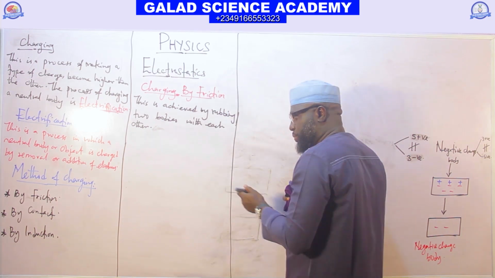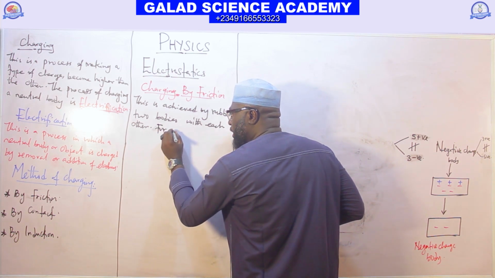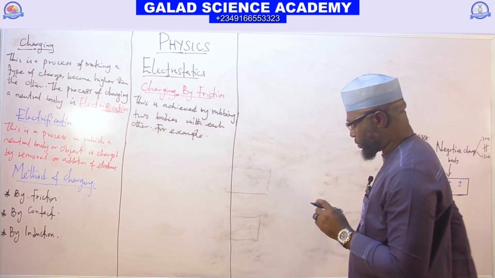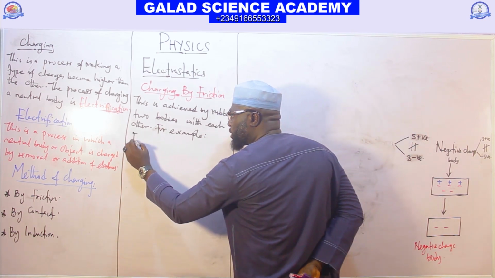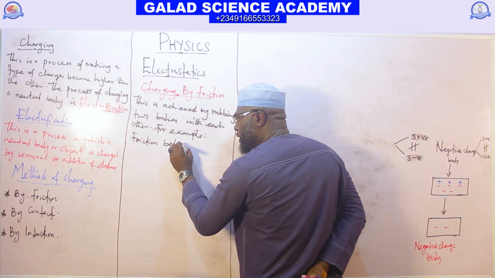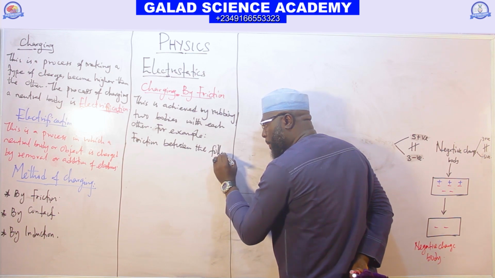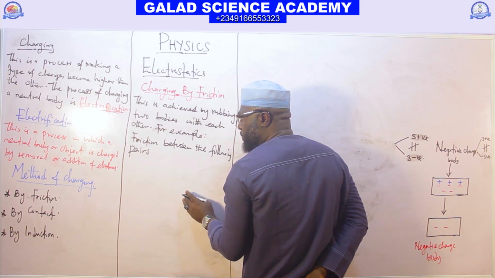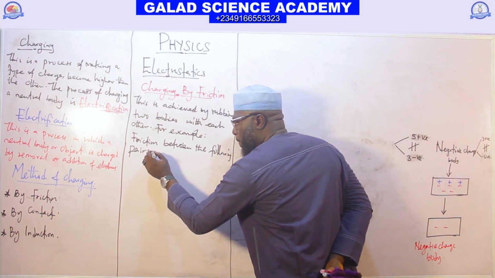So, for example, friction between the following pairs produces charge.